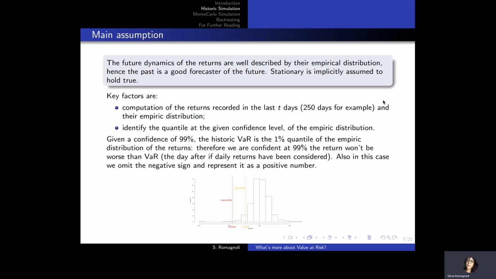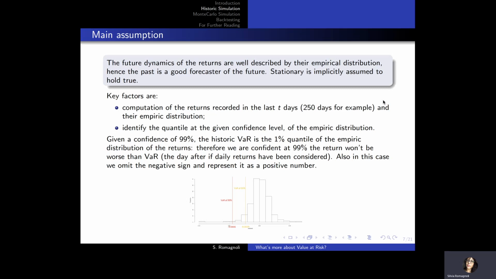Therefore, given a confidence level, which is, for example, equal to 99%, the historic value at risk is the 1% quantile of the empirical distribution of the returns, which means we are confident at 99% that the returns won't be worse than the value at risk.